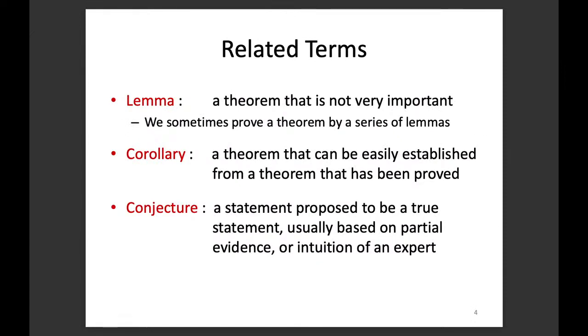Okay, now I have some extra words to introduce to you. First of all, what is meant by lemma? We talk about theorems, which are very important things that we want to show. A lemma is a smaller, minor theorem that we use to help us show the main theorem. So you can say that a lemma is a theorem that is not very important.